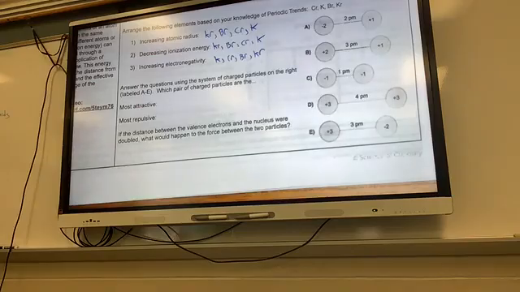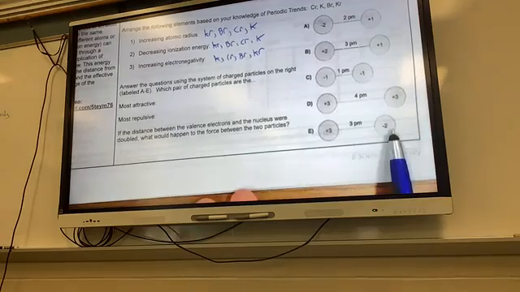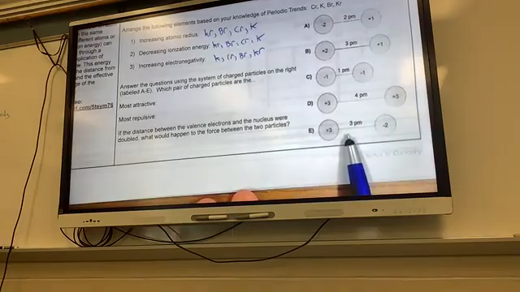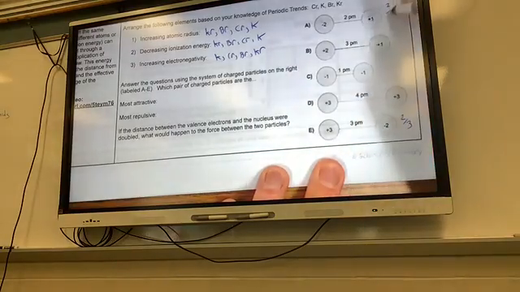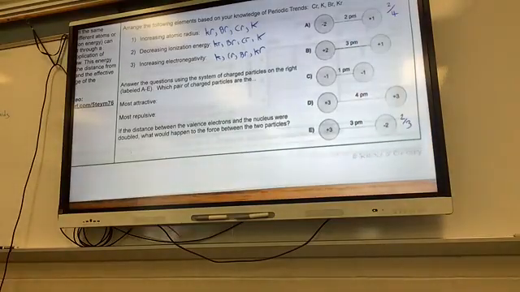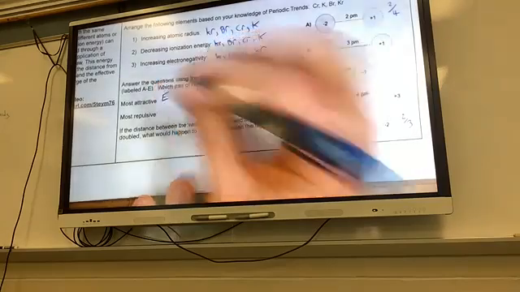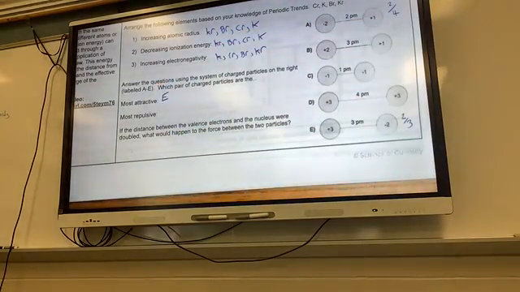So it's going to be either A or E. 3 times 2 is 6, 6 divided by 3 squared, 6 divided by 9, is 2/3. 2 times 1 is 2, 2 divided by 2 squared is 2 divided by 4, which is 0.5. Which one's bigger? E.